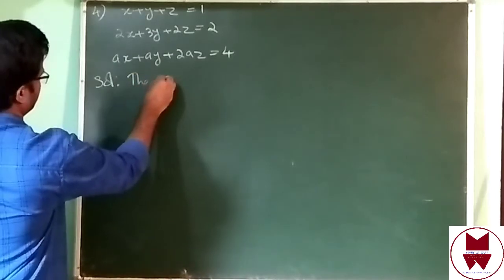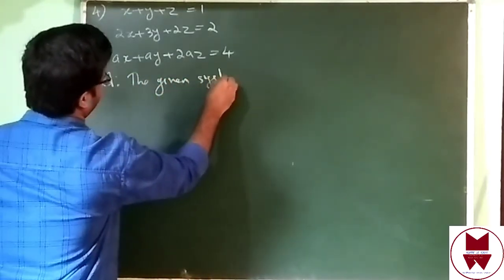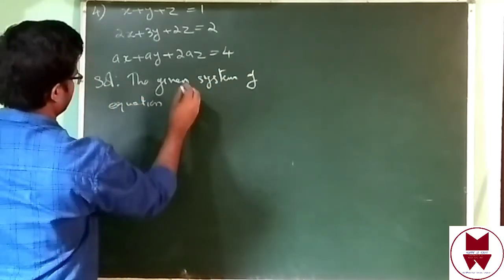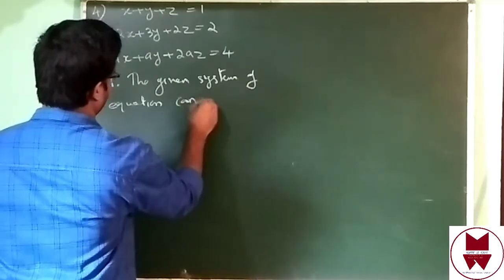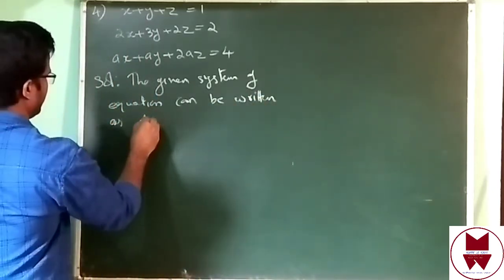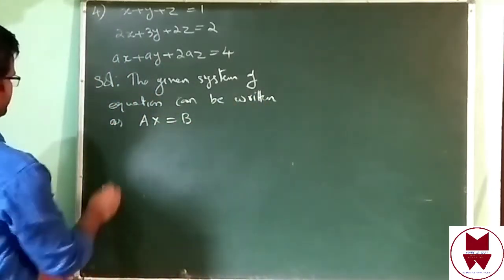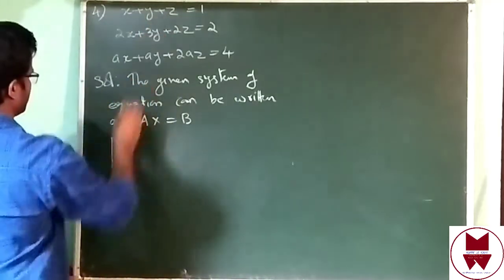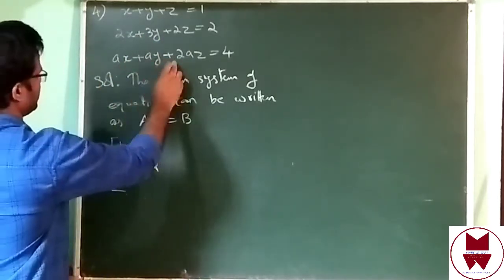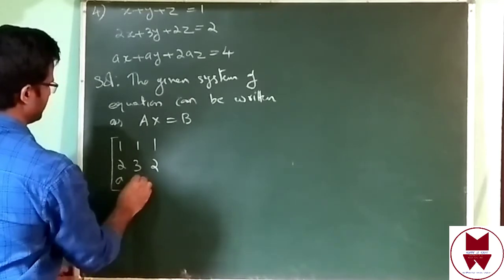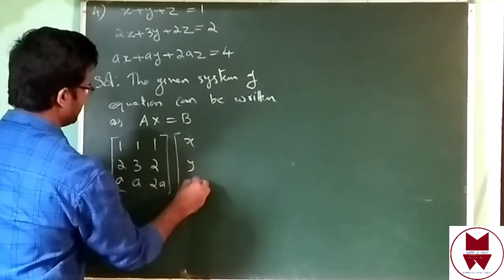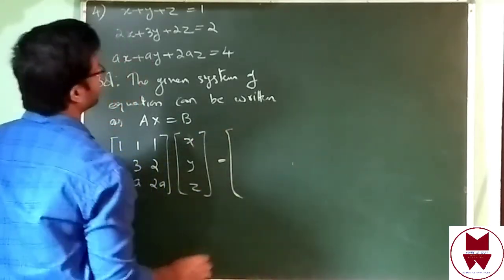First we can write the given system of equations as Ax equal to B. First, A means 1, 1, 1, the coefficients of x, y, z, then 2, 3, 2, then a, 2a. Then x means the variables x, y, z, equal to B, the constants 1, 2, 4.